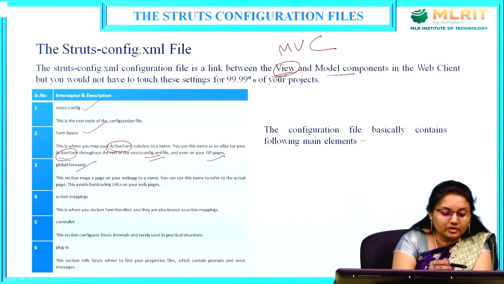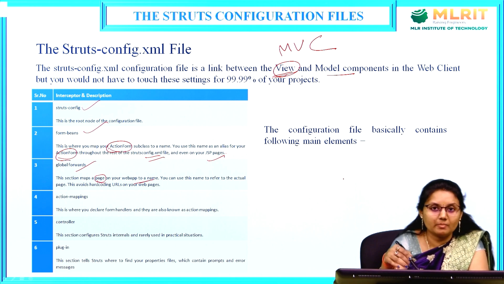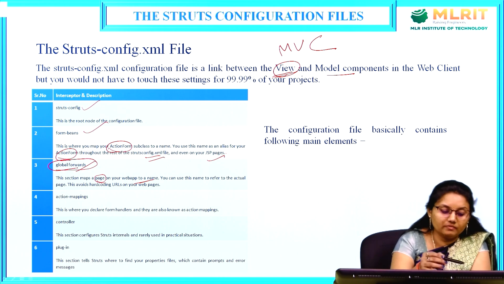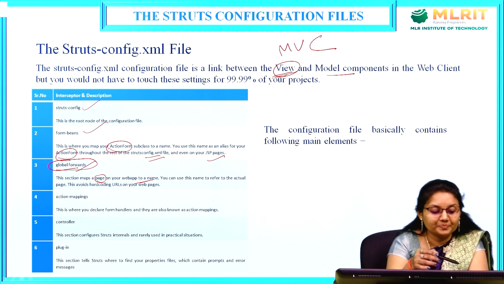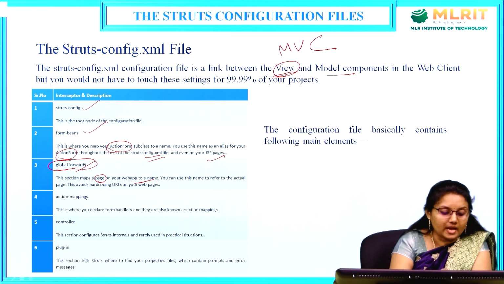Global forward means what? This section maps the page on your web app. Means we are giving that hierarchy, right? Web app, WEB-INF and all. So the global forwards, whatever name you are giving for global forward, that name is used everywhere.